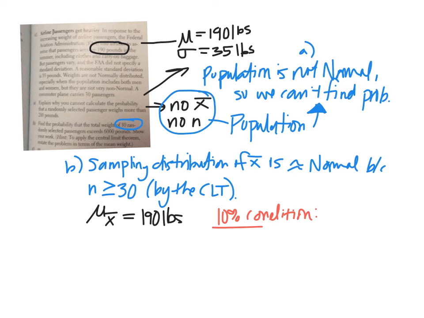So the 10% condition tells me that the sample size has to be less than or equal to 10% of all the population. So this would be all passengers on the airline, not that particular plane, but just all passengers in general. So this is going to be true.